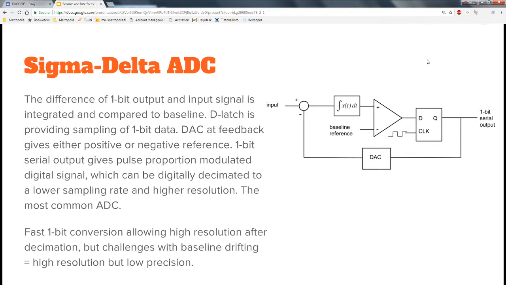Okay, the catch here is that the 1-bit serial output then needs some heavy post-processing.